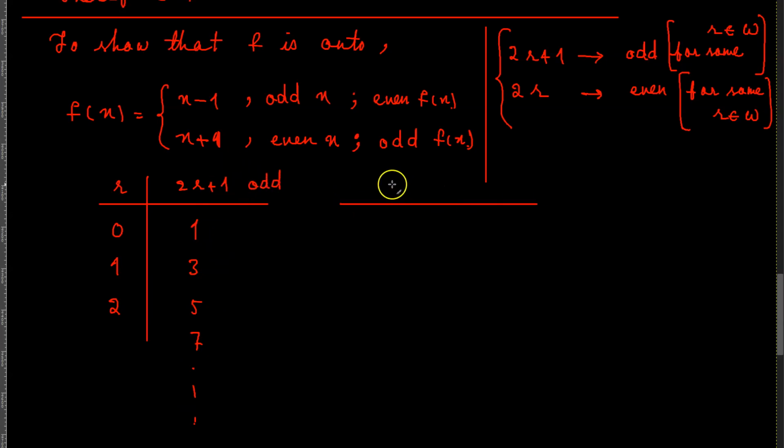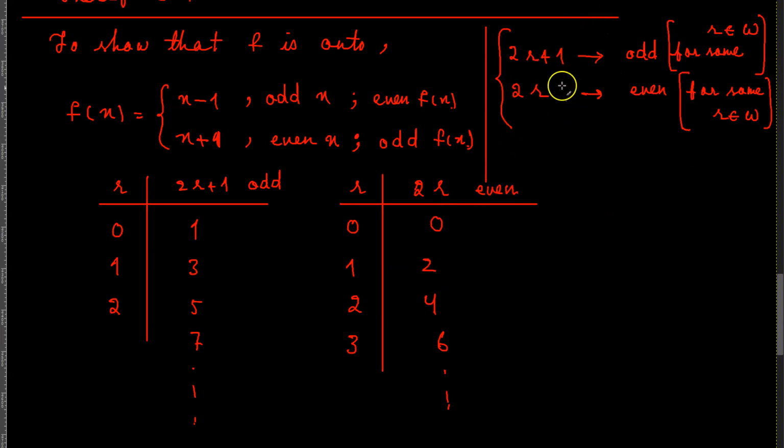And let's say that you have your r here and you have 2r here. If r is equal to 0, you'll get a 0 here. If your r is equal to 1, you'll get 2 here. If your r is equal to 2, you'll get 4 here. If your r is equal to 3, you'll get 6 here. So 0, 2, 4, 6, 8, and so these are all the even numbers.